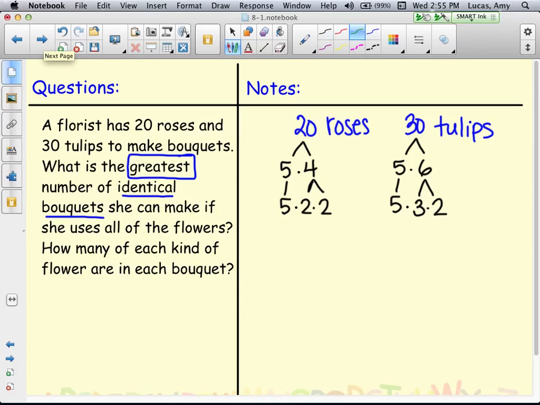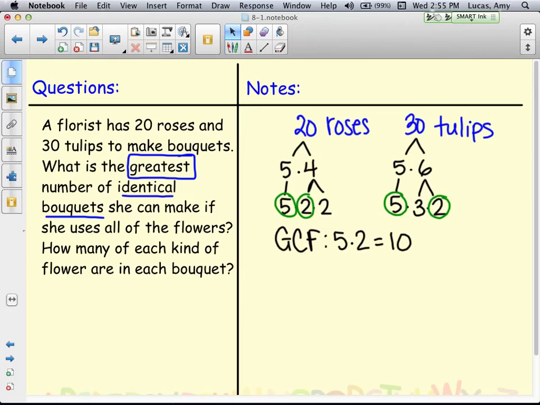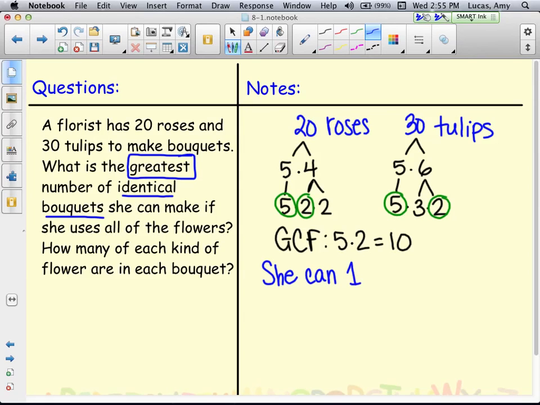So the GCF, the greatest common factor, looks like we've got a 5 and a 2 in common. So the GCF is 10. So what that means to me is she can make 10 identical bouquets.